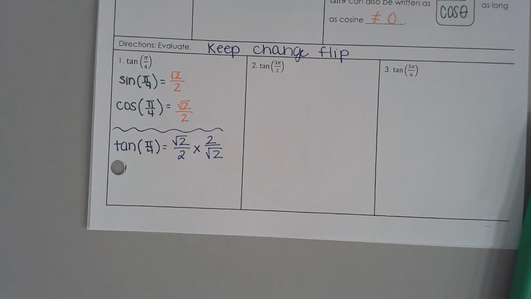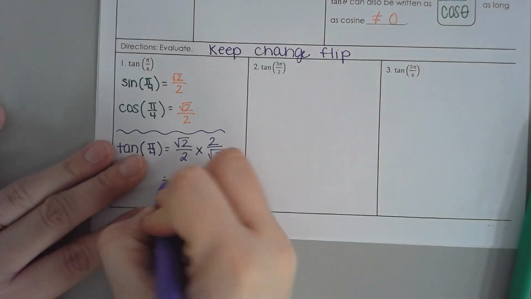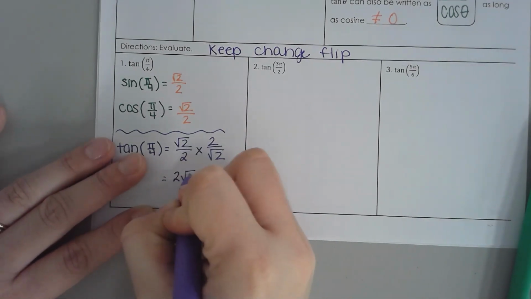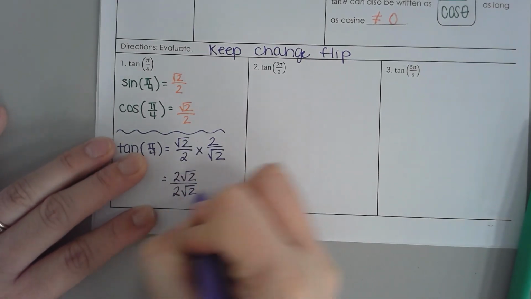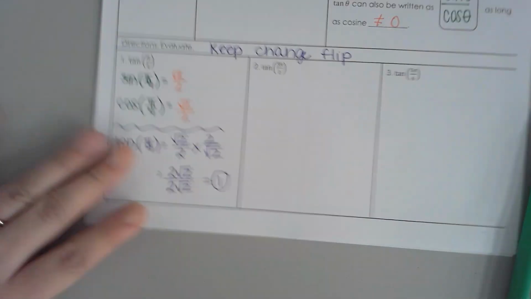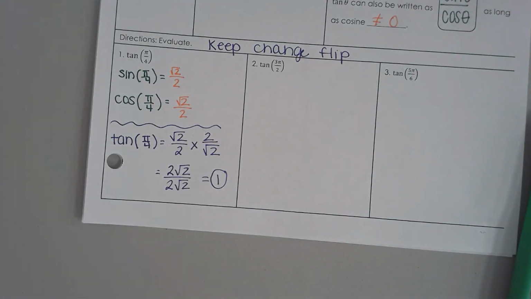Now, this specific one, you could have recognized these are the exact same thing. If you divide something by itself, it's going to equal 1. But when you do it this way, you have 2 square root of 2 over 2 square root of 2, which equals 1. So the tangent of pi over 4 is 1.